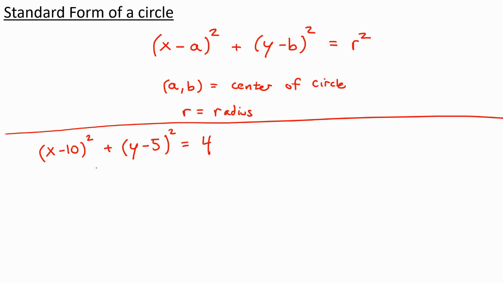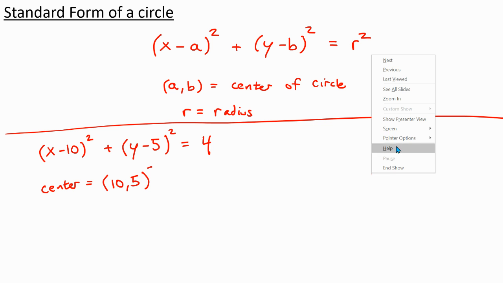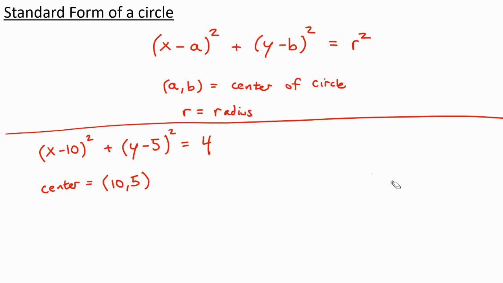If I was given this, I can quickly figure out what the center is. The center is a comma b. That's the number that's being subtracted from x and the number being subtracted from y. So what's being subtracted from x? 10. And from y, we see it's minus 5. So the center is (10, 5).